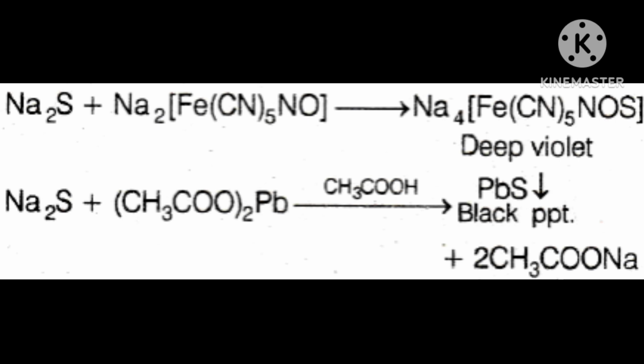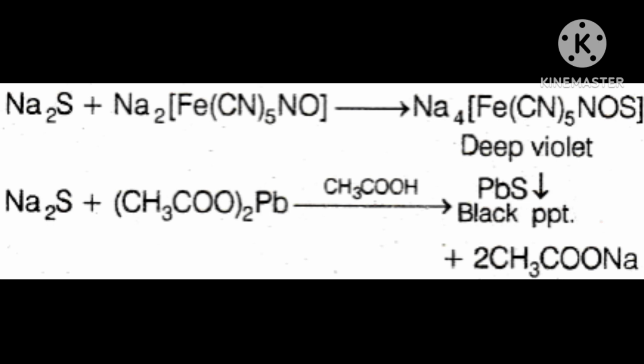Blood red it will give only in presence of ferric ion, Fe3+. Fe2+ is called ferrous, and Fe3+ is called ferric.